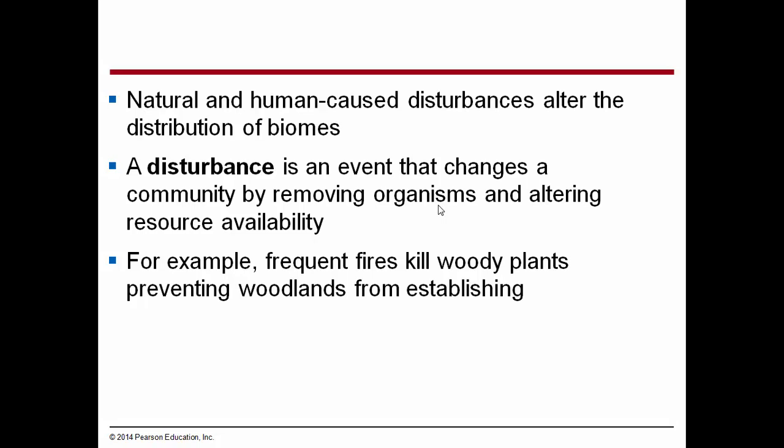This kind of disturbance is common in savannas and chaparral and prairies. These are all areas that have a high degree of fire frequency, and they basically burn off the woody shrubs and trees.